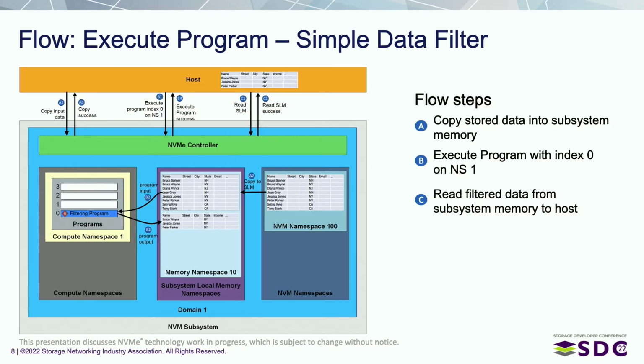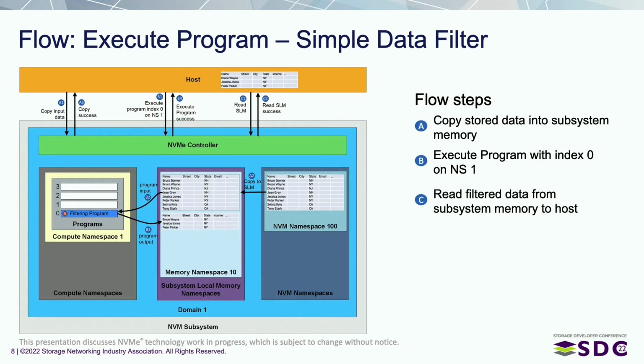The next thing the host does is say execute the program in slot 0 on compute namespace 1. When that executes, as part of the parameters, the program is told where its input and output are, and any other settings that it needs to know.